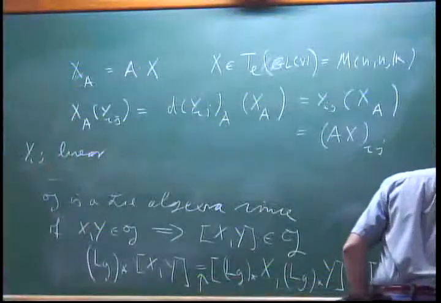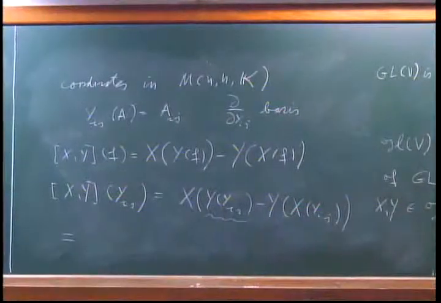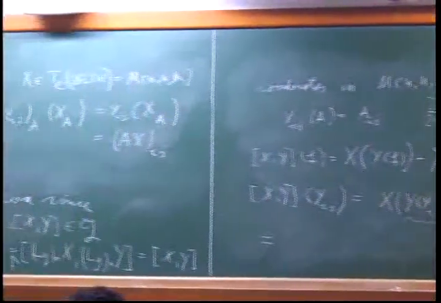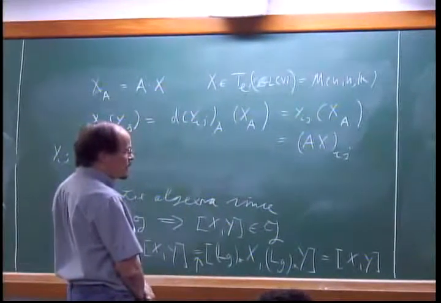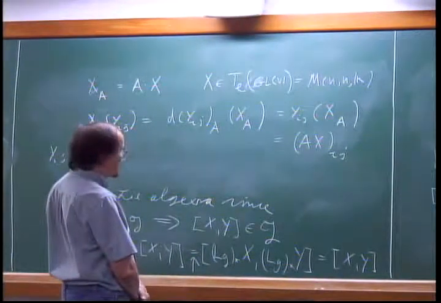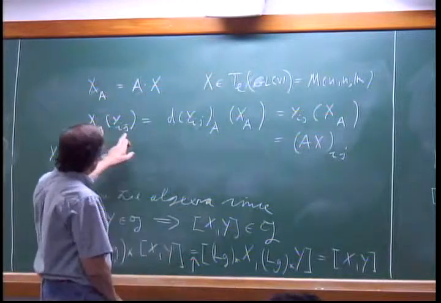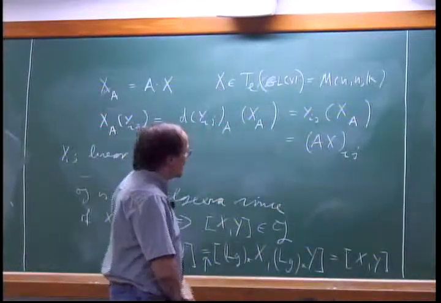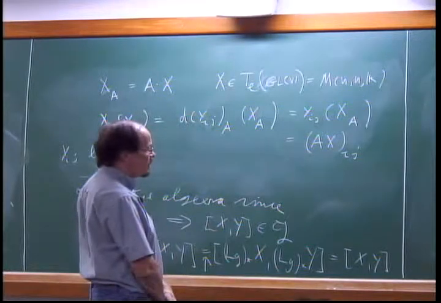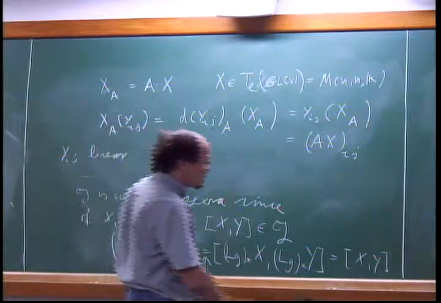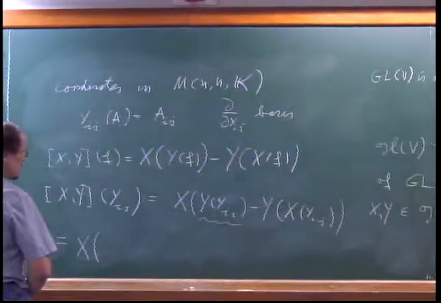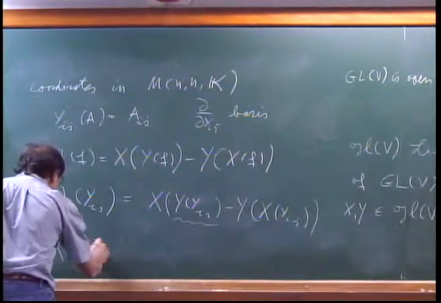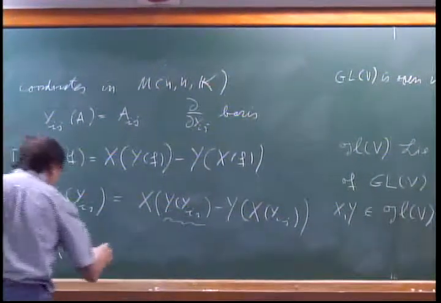So x applied to yij is the ij component at the point A. Of course, I should write this as the vector field x applied to the function which sends A to (Ax)ij.